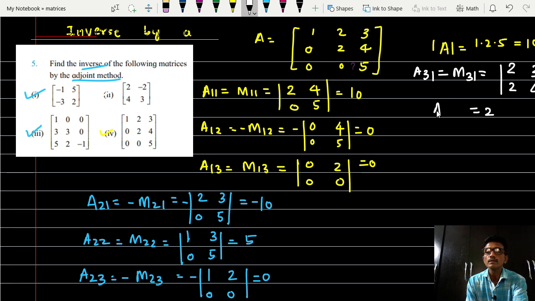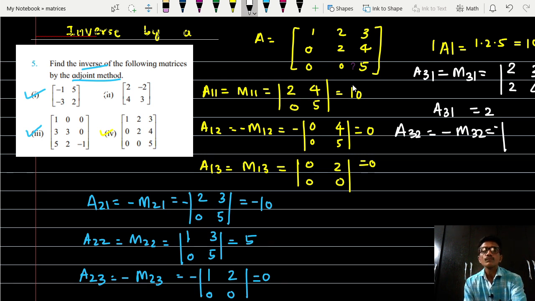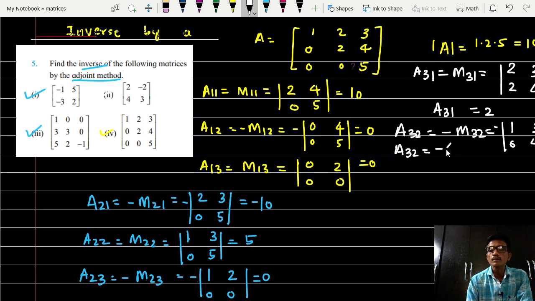This is A31. Here A32 is equal to minus of M32, minus sign is there. Third row and second column: 1 0 and 3 4. The expansion is 4, but it is minus 4. So here A32 will be equal to minus 4.